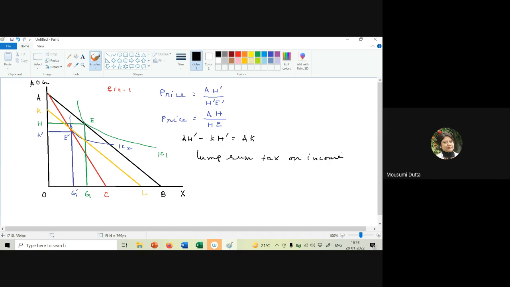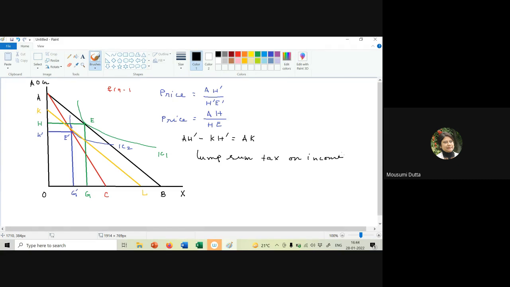I have considered a budget line KL where the income is OK. If I consider the price of Y is 1, the income is given by OK. Initially the income is OA, and now the income is OK after the imposition of the tax. After the imposition of the tax, there is a certain fall in the real income of the consumer.